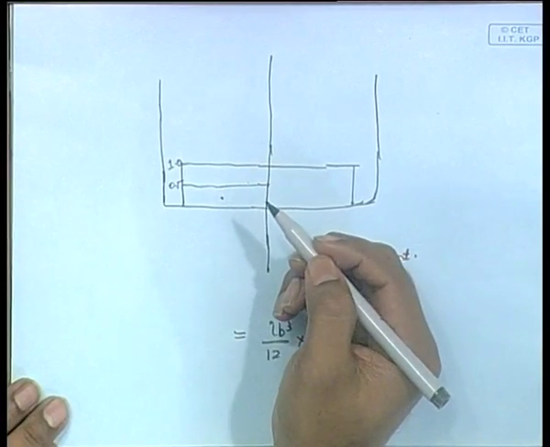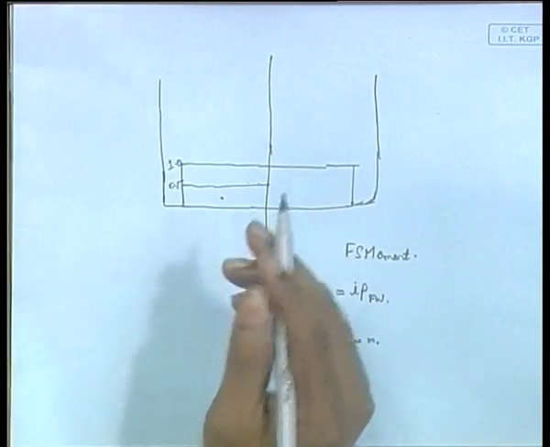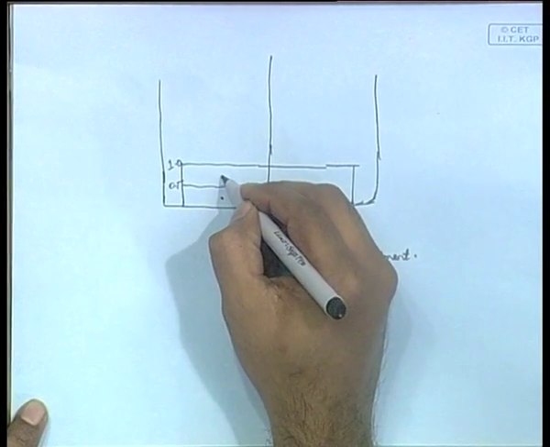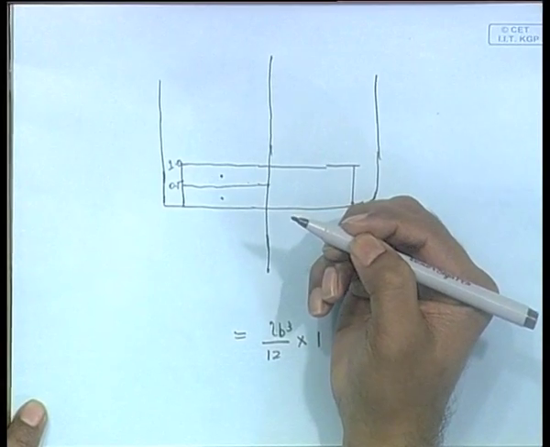Either way, this water is removed, right. You are subtracting the water removed and adding the water added. When you are removing the water, where is the center of gravity of the water removed? It is actually at 0.75, not at 0.25, is it clear?